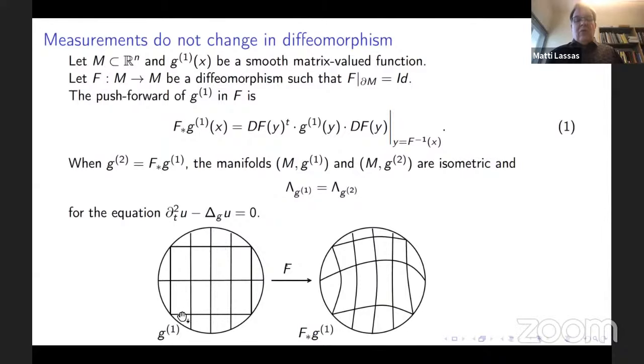So the boundary measurements cannot separate the wave speed here from the wave speed here. There are two different physical media that give the same boundary measurements. So one cannot solve the inverse problem. In this case, we also say that the manifold M with metric G1 and the manifold M with G2 are isometric, and we say that this diffeomorphism F is an isometry between these two manifolds.